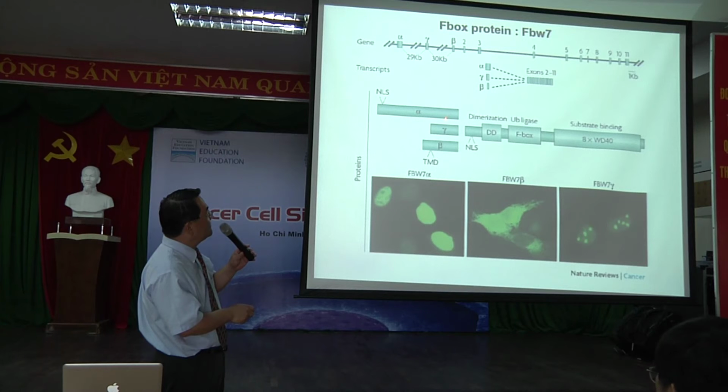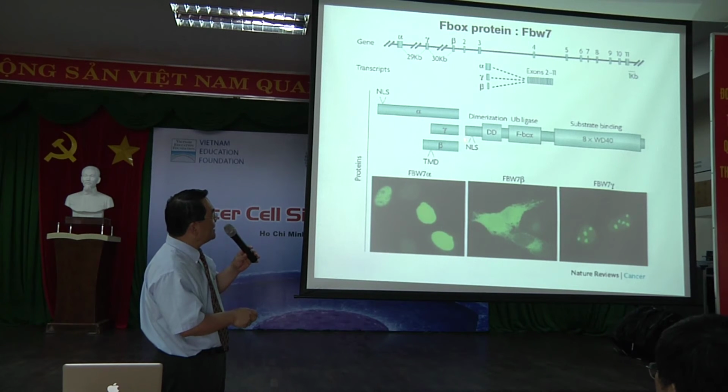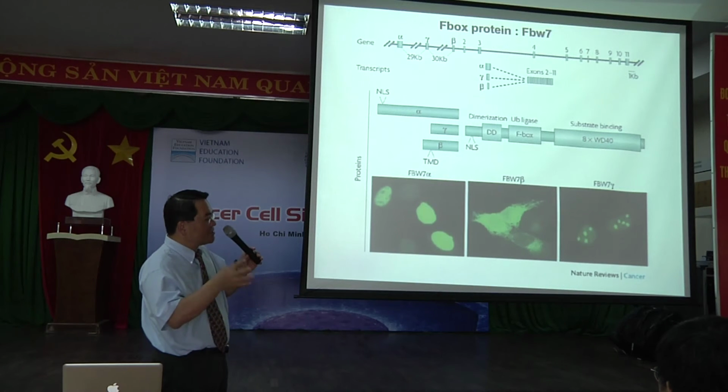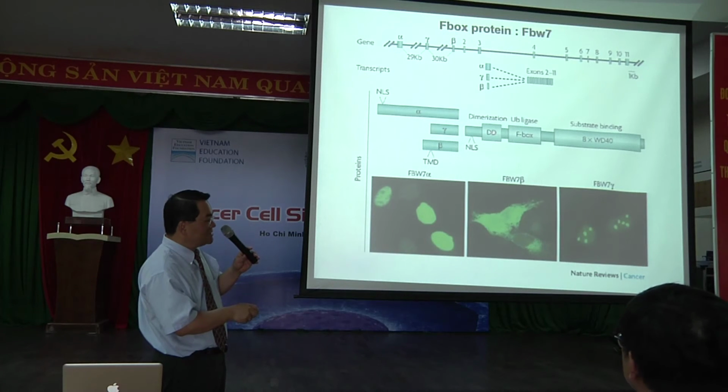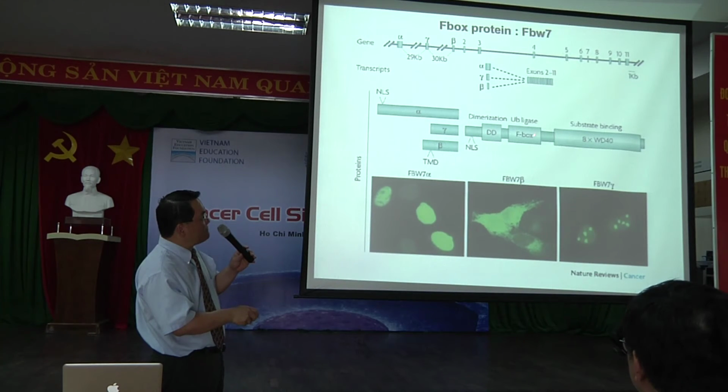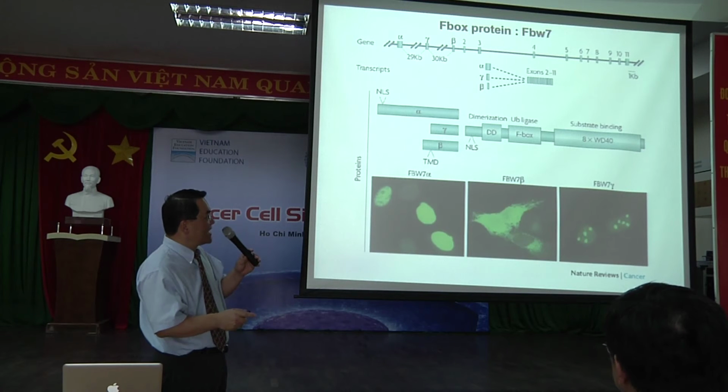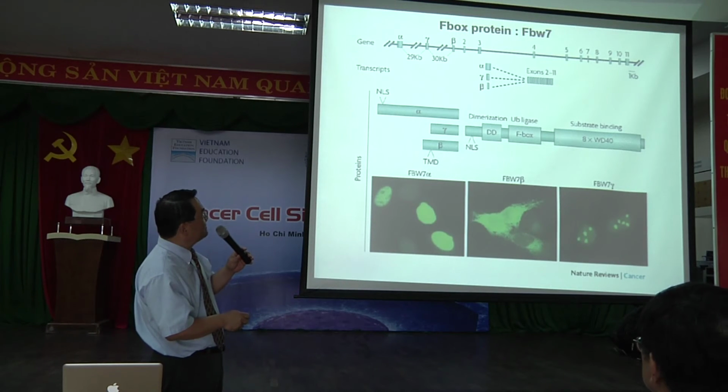They all have the common structure of the substrate binding domain, with the propeller structure of WD40 motifs. They recognize the substrate. They have a dimerization domain. They have an F-box motif to interact with SKP1.